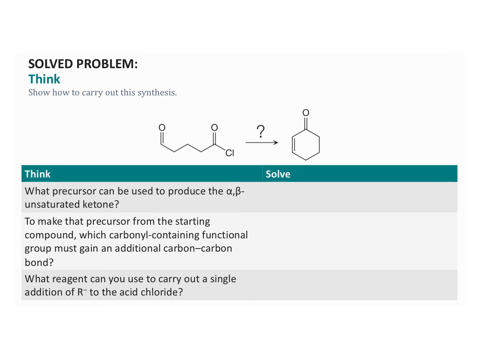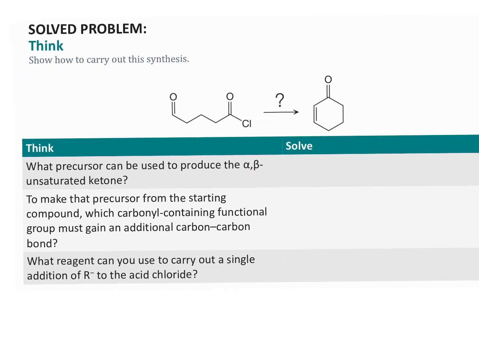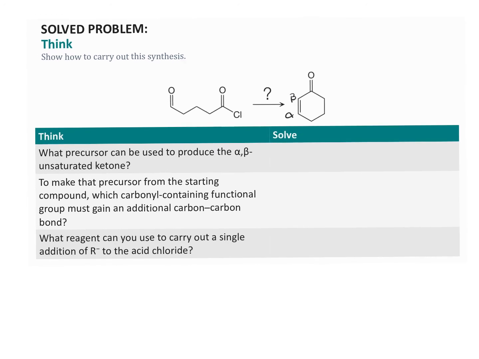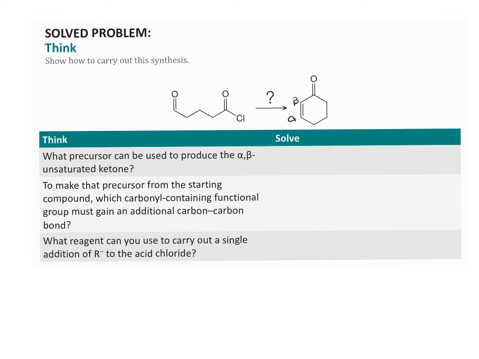So we're going to show how to carry out this synthesis. What precursor can be used to produce the alpha beta unsaturated ketone would be the first question that I would ask. So when we look at this, I want to point out there's an alpha beta unsaturated ketone, and that's what we are trying to produce. And we remember that these can be produced from an aldol condensation.